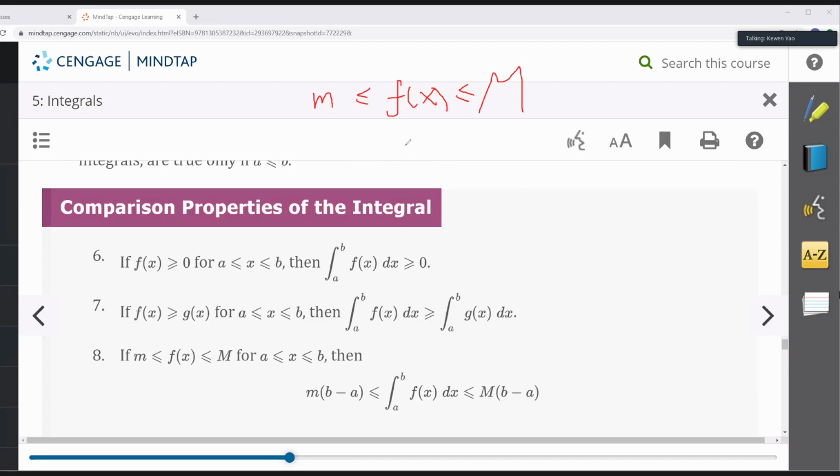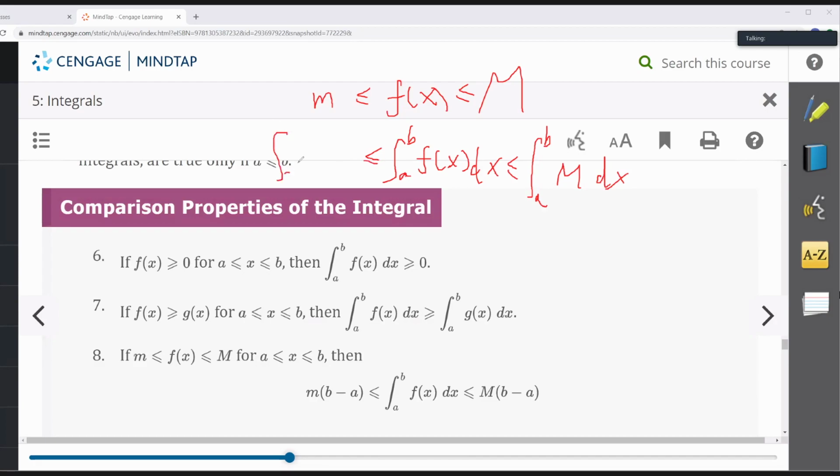We find that the integral from a to b of f(x) dx is less than or equal to the integral from a to b of M dx by using property number 7.